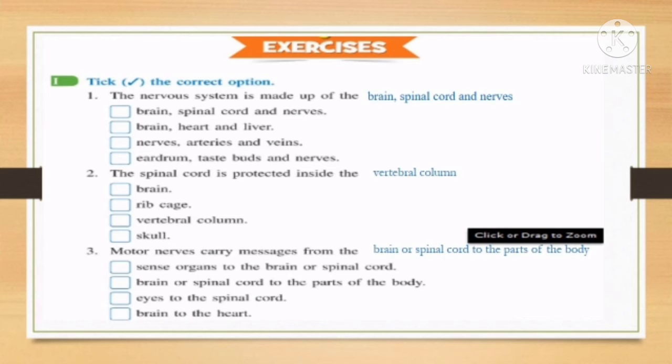The options here are brain, spinal cord and nerves, or brain, heart and liver, or nerves, arteries and veins, or eardrum, taste buds and nerves.